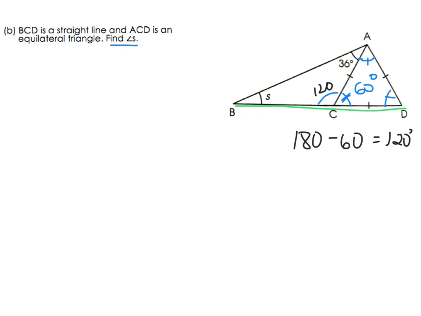That gets us one step closer to the answer, because for angle S, you need to get the sum of this angle here and this angle here and take it away from 180 degrees. So you can say 180 minus the sum of 120 plus 36.